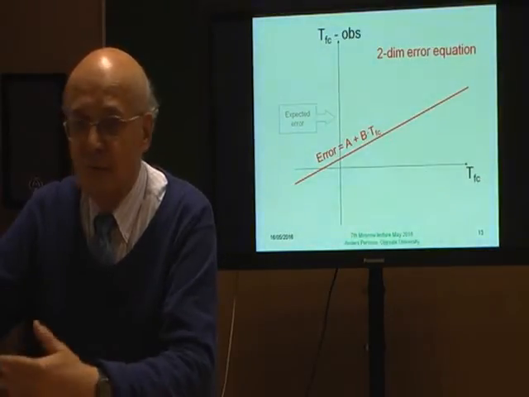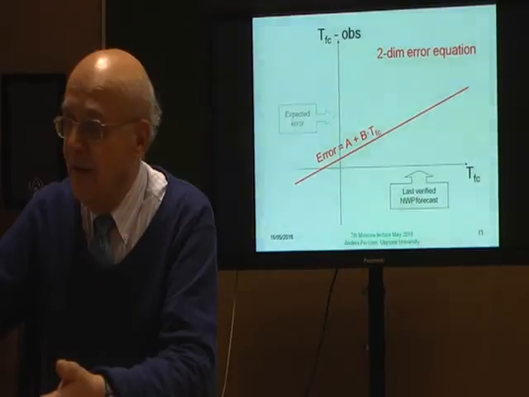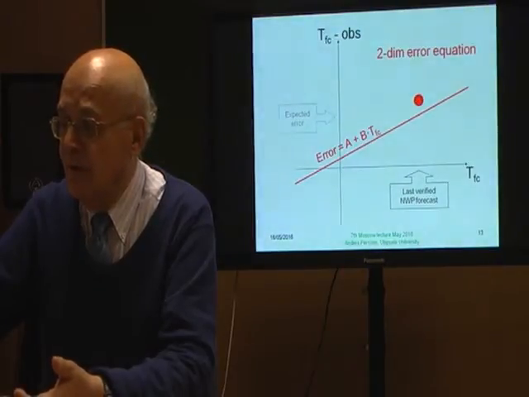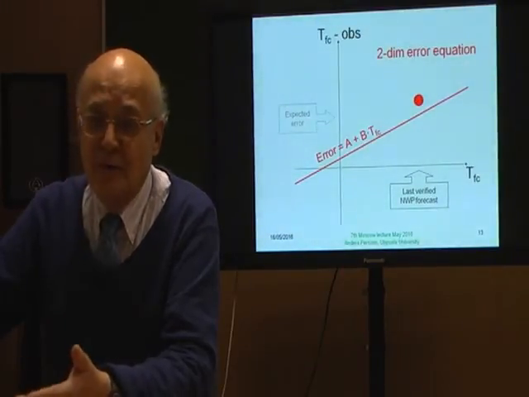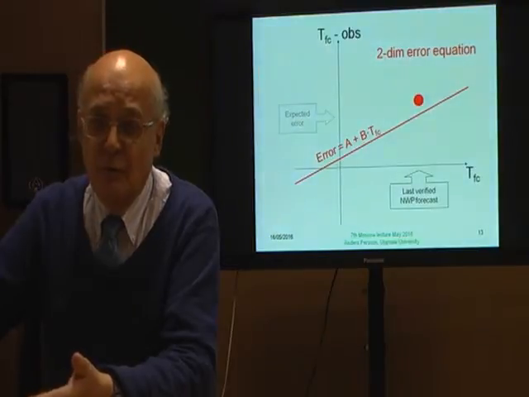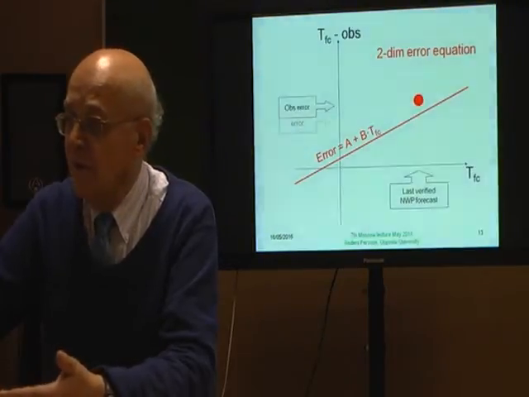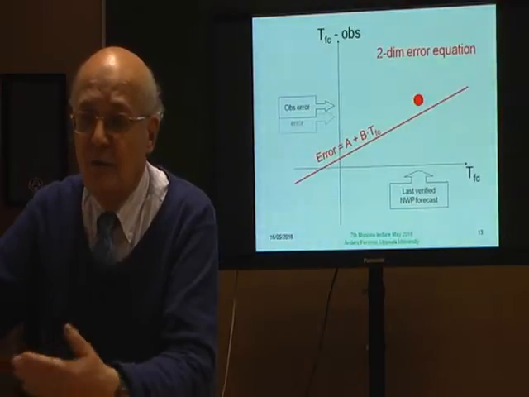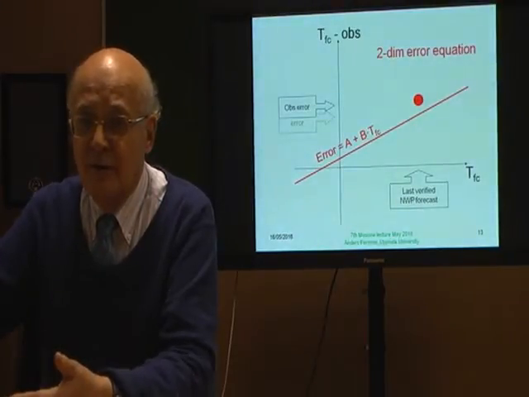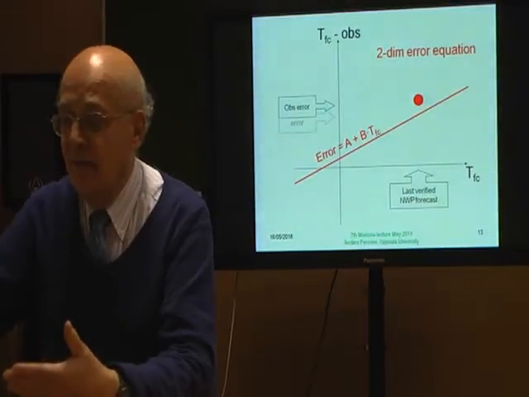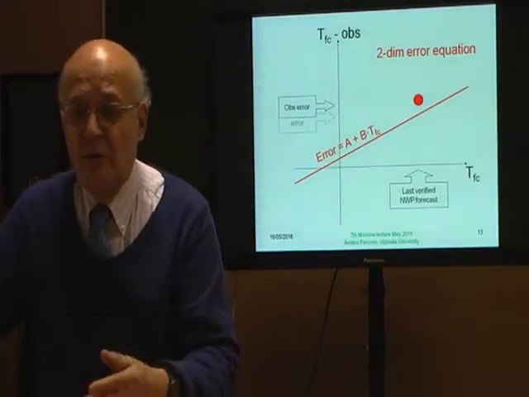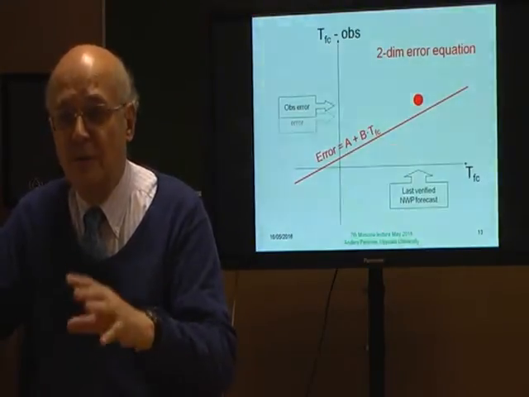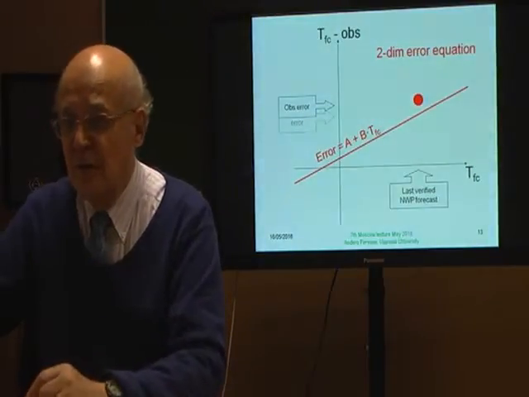But then the forecast is verified, and it turns out that the forecast of its error was good but not perfect. So it is on a slightly higher level than predicted. And what the Kalman filter does, and I have no possibility here to go into the details of the Kalman filter, but this is how the operational setting works.